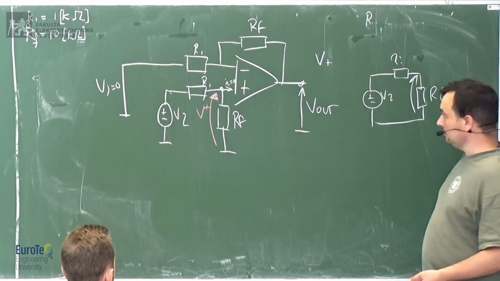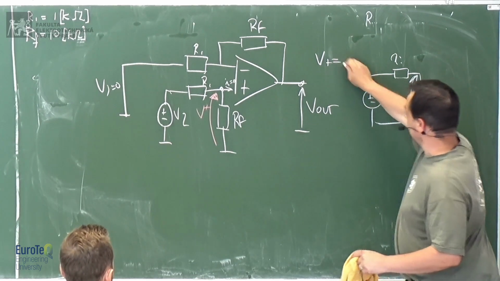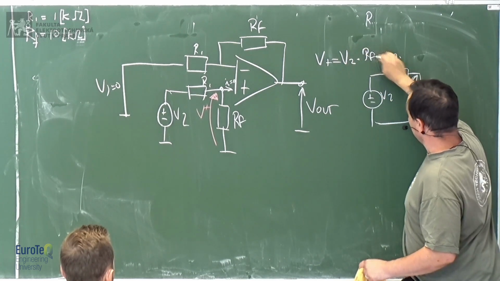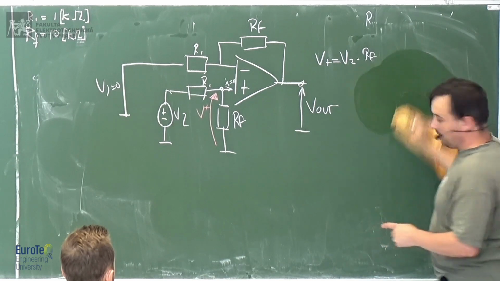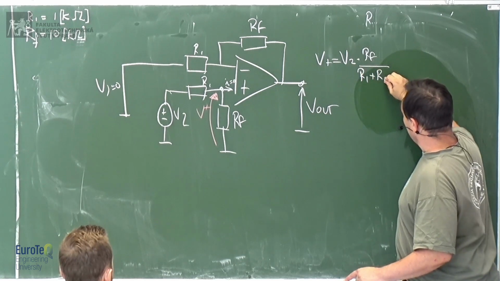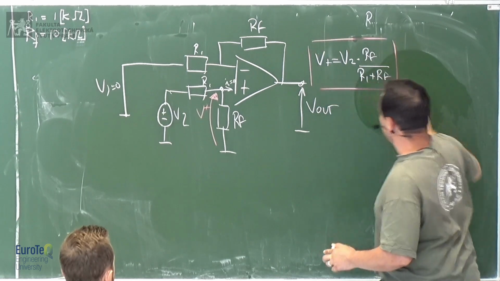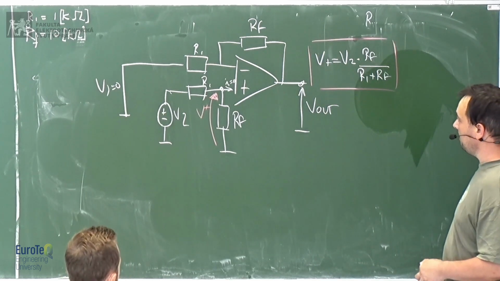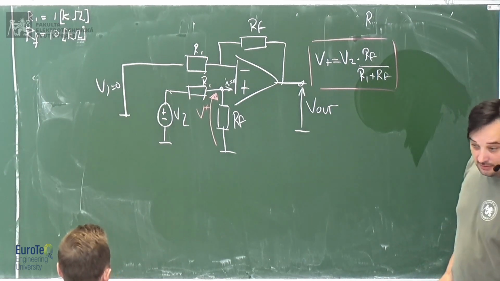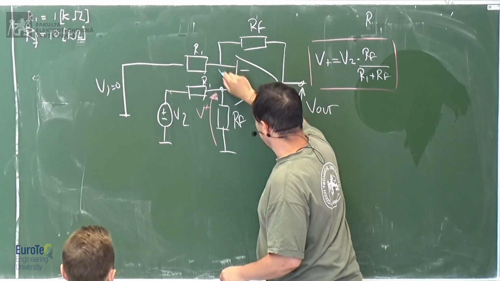So what you get? Voltage divider. Okay, so V plus is going to equal V2 multiplied by RF over R1 plus RF. So we keep it here. It's going to be useful. Then, okay, V minus is equal to V plus, okay?